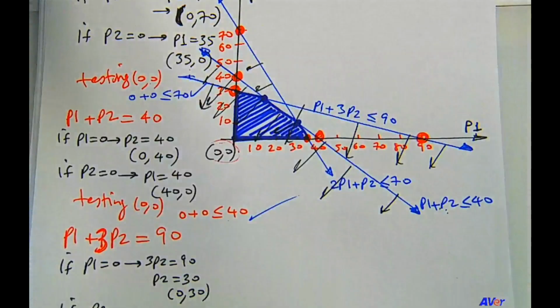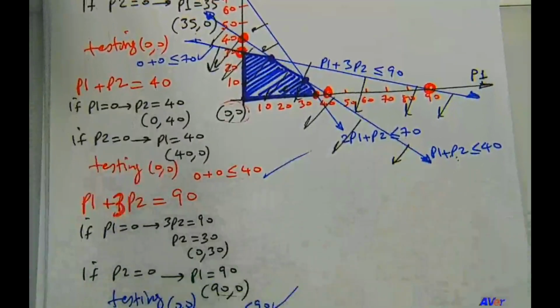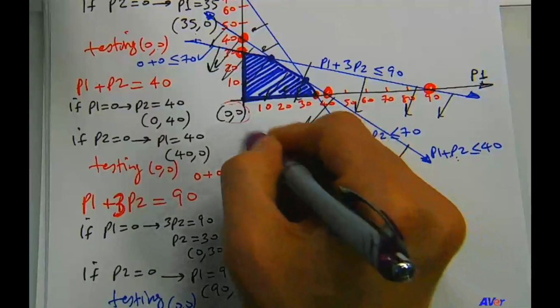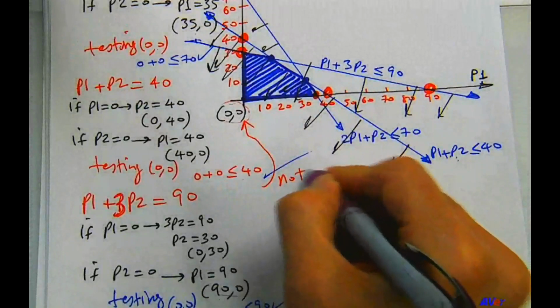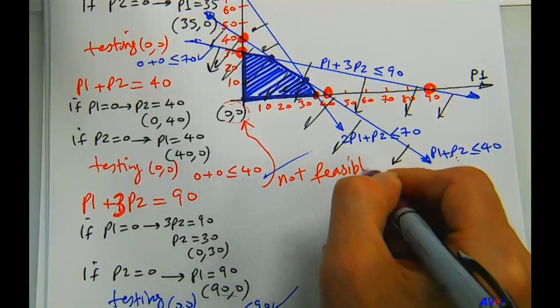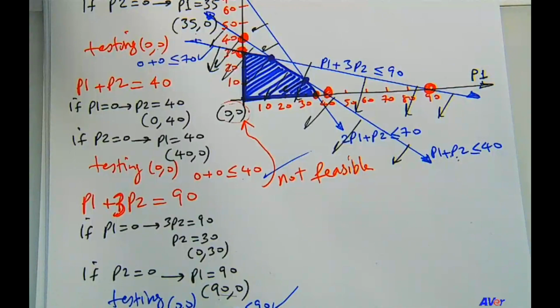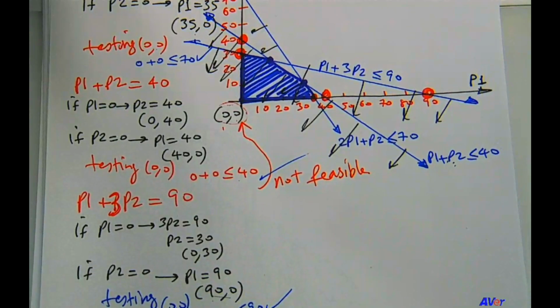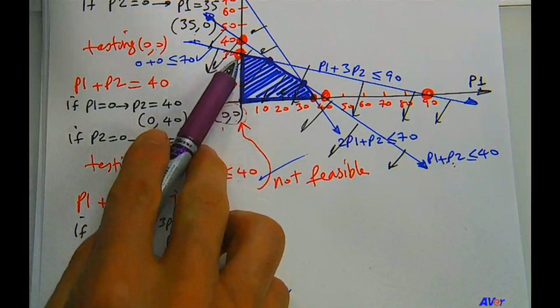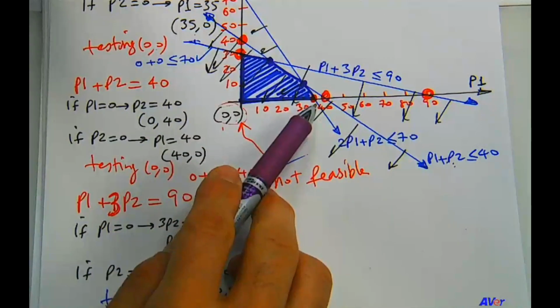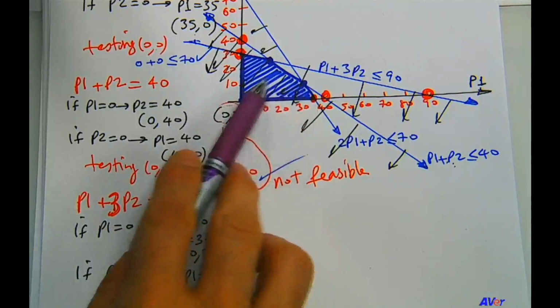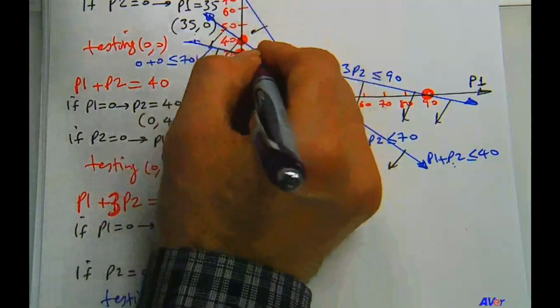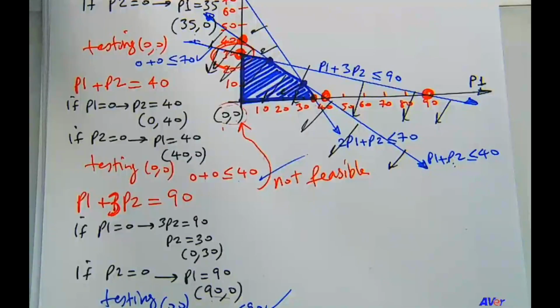Okay, so clearly this corner point is not feasible, right? If the manufacturer produces 0 product 1 and 0 product 2, they're not going to stay in business. So we have 1, 2, 3, 4 corner points to consider. This one we already know. That's 0, 30.